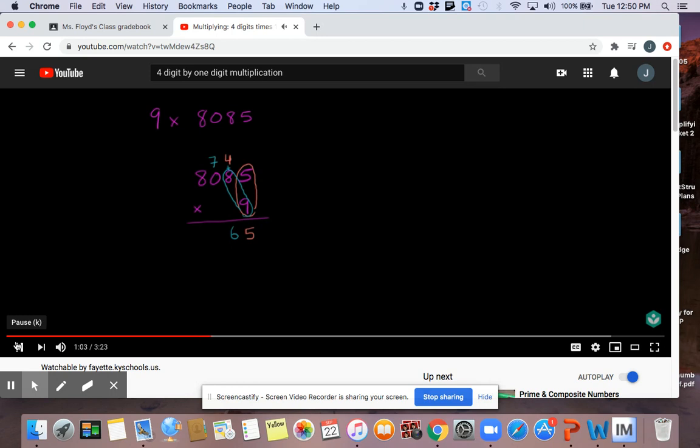Now we are ready to calculate 9 times 0, 9 times 0 hundreds, plus, and this is a 7 in the hundreds place, so that's actually 700, or if we're just going with the computation, 9 times 0 plus 7. Well, 9 times 0 is 0, plus 7 is 7.